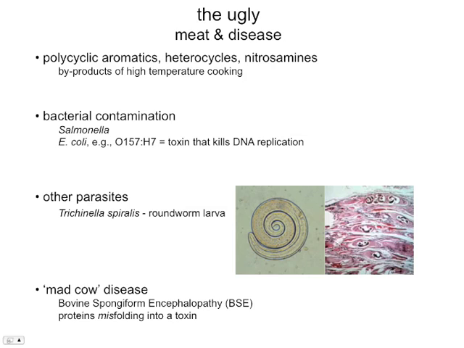Parasites, be they unicellular or multicellular, that we can destroy by proper preparation. So, cooking at high temperature, greater than 180 degrees frequently, will serve to destroy all of the particular organisms that can contaminate meat. And then there are other diseases that are more complicated, arising from misfolding of proteins.